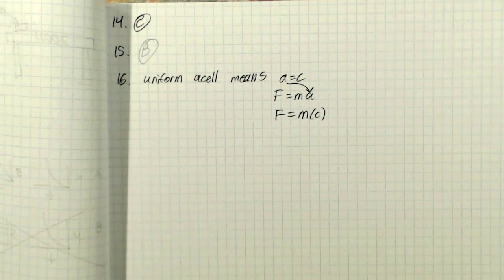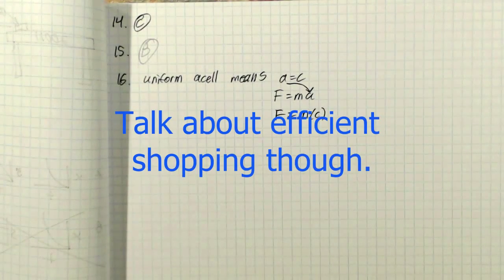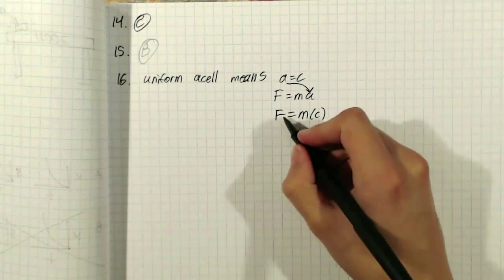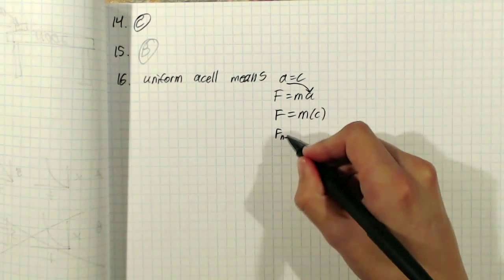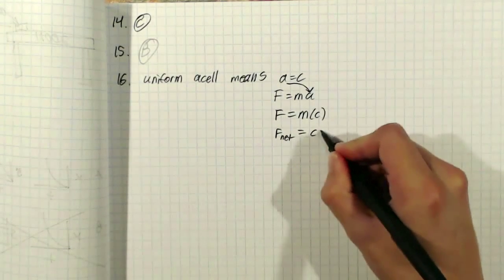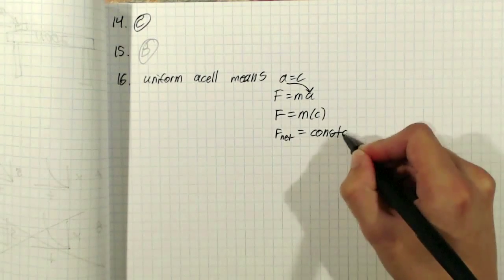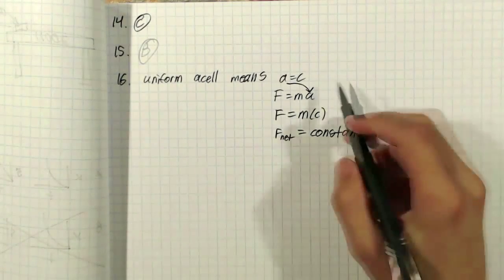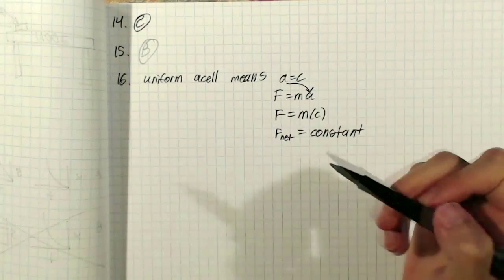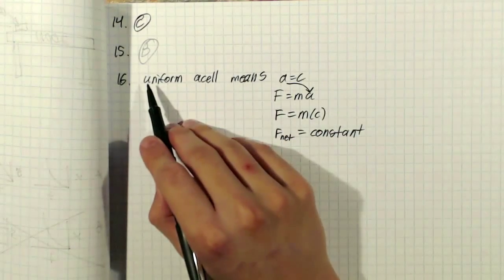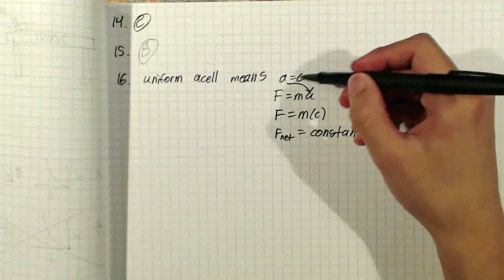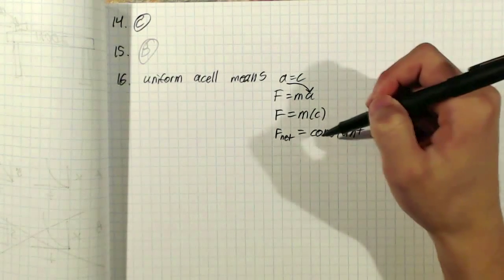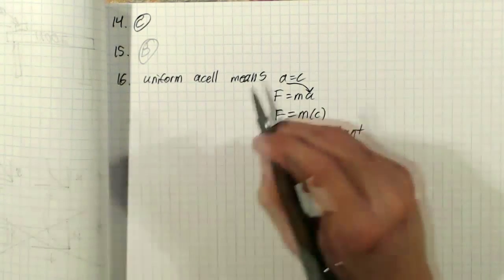No, that's not going to work on a test. So your net force is going to be constant because your acceleration is constant. Let's go over that again. Uniform acceleration means your acceleration is constant, means your net force is constant, which is D.